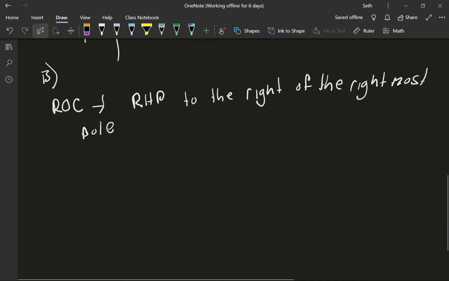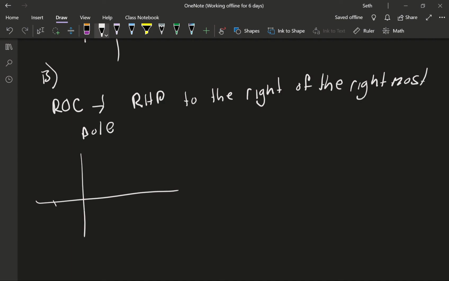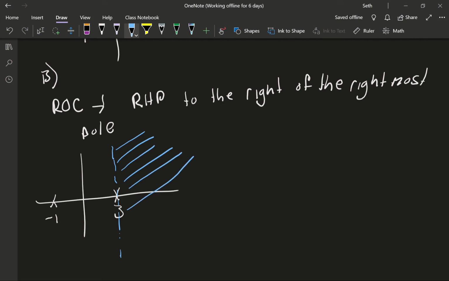So that looks like this. Here's our pole at -1, our pole at 3. This is a dashed line because our region of convergence does not include the point at 3.